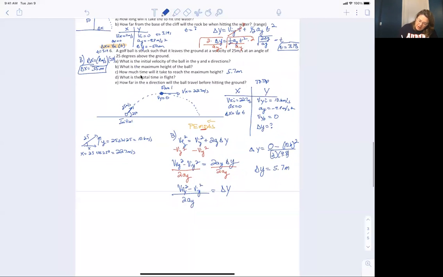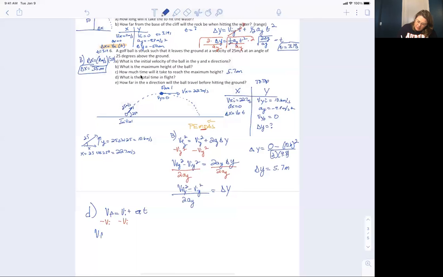Well, I'm going to use my Y dimension. So this is D. I'm going to use my favorite equation. So I got to get time by itself. I got to go backwards in PEMDAS, or have anything added or subtracted on the side where t is. I do. So I've got to do the opposite of whatever that is.